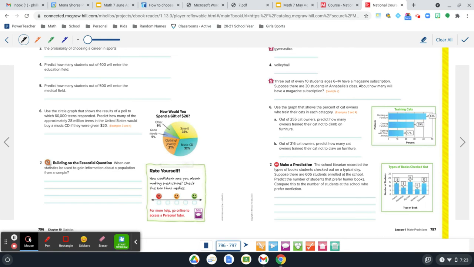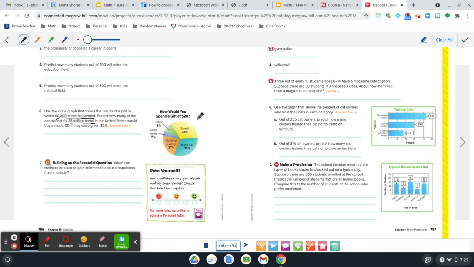Use the circle graph that shows the results of a poll to which 60,000 teens responded. 60,000 teens. So predict how many of the approximately 28 million teens in the United States would buy a music CD if they were given $20. So take a look at this circle graph.